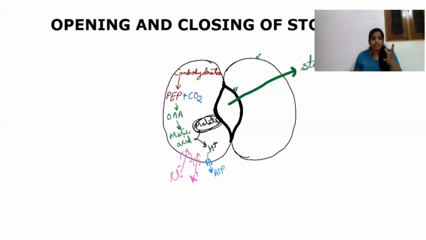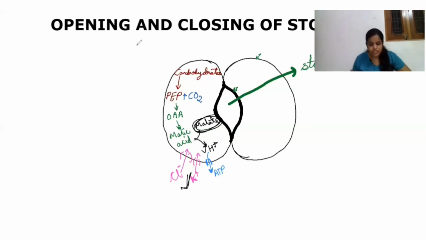If the question asks which ions are mainly responsible for the opening of stomata, your answer will be potassium ions and protons. Chloride is just to balance the ions.